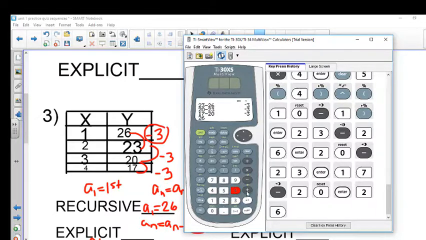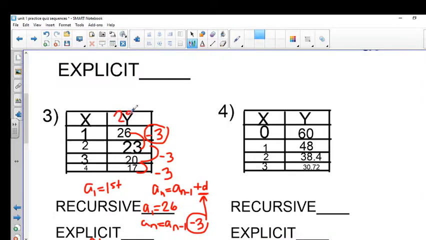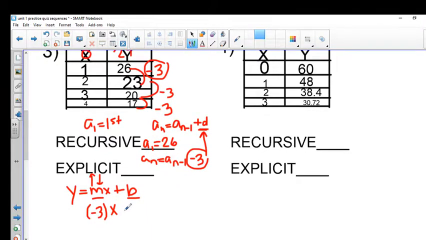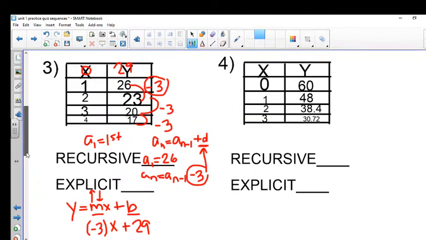So 26 plus 3. That means my before term, so before 1 that had to be 0. This is my 0 term and my before term. So it's going to be plus 29, because going that way, if I'm going up, my numbers have to get bigger. So that one's a little different, but it works the same way.